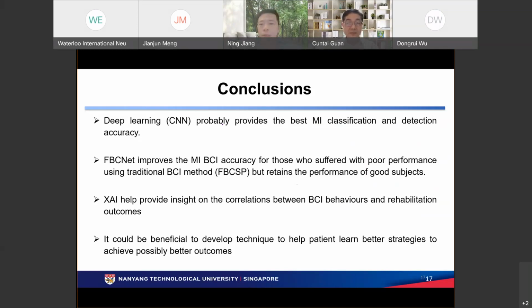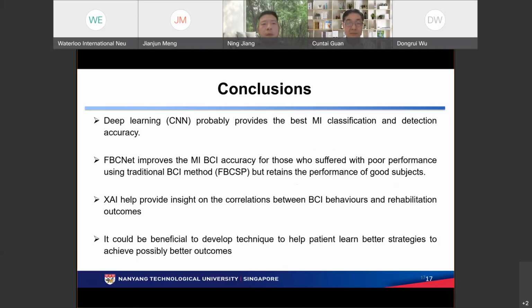Okay. So I have a question, Professor Guan. We see in the studies that you showed, and in many other studies, there is a significant change in accuracy from healthy subjects to the stroke population, and various reasons have been proposed.